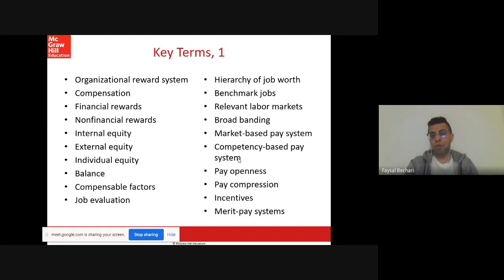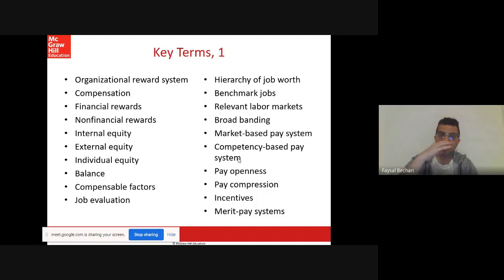So in this chapter, we looked at the organizational reward system and how it works. We looked at compensation, financial rewards and non-financial rewards. We talked about internal equity, external equity, and individual equity, and differentiated between all three. We looked at the compensable factors, how you pay people. We spoke about how you do a job evaluation before you attach pay to it, and the hierarchy of job worth.